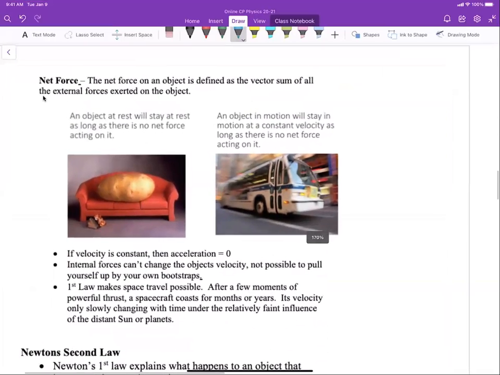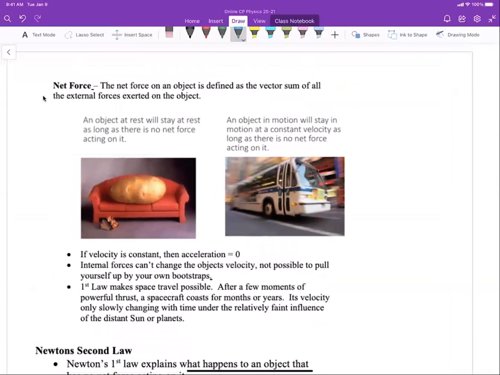So here are some examples. Now, we need to talk about this word net force. What does the word net mean? It means the sum, the total. Okay, so the total force must be equal to zero. I'm going to go back to my book that's sitting on a table. I told you that there's a force of the table pushing up on the book, and there's also a force of gravity pulling down on the book.